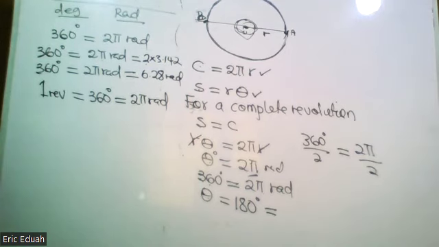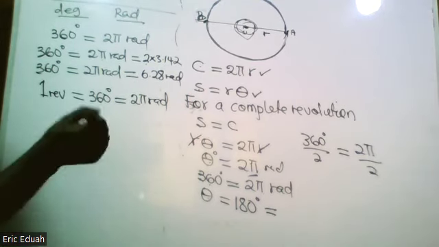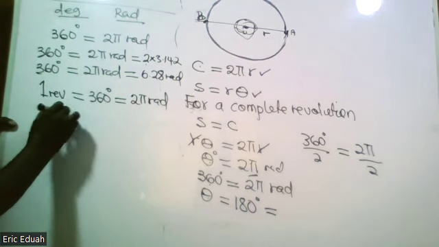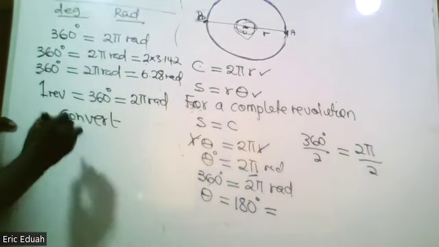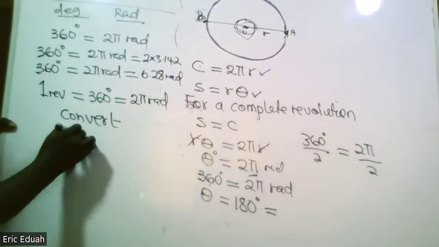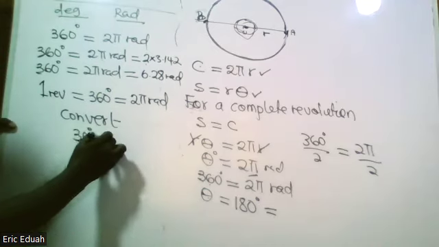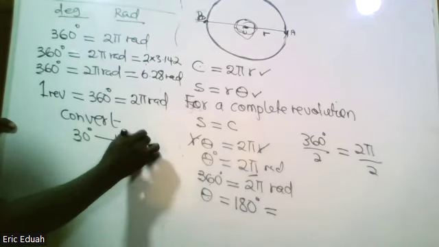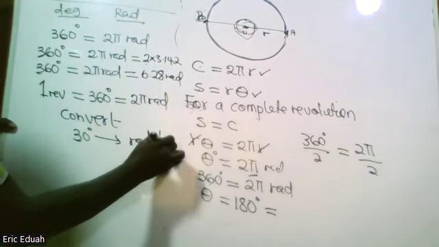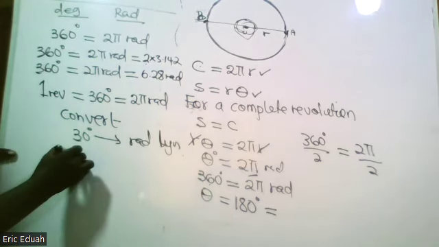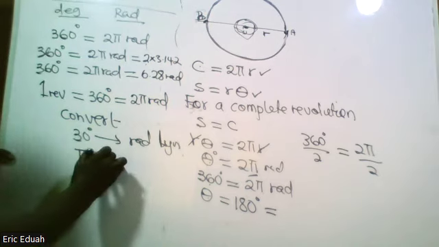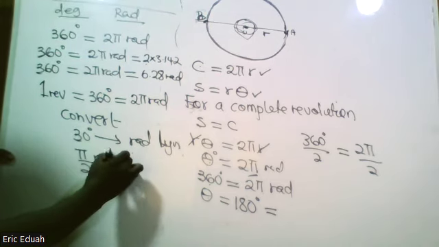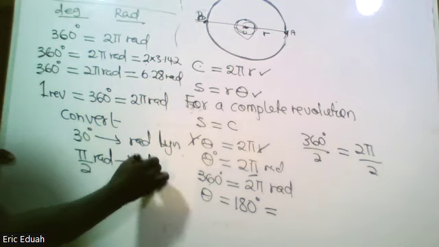Okay, let me give you a question quickly. Convert, Lane, this is your question: 30 degrees to radian. This is for Lane. Krista, yours is, you have to convert pi on 2 radian to degree.